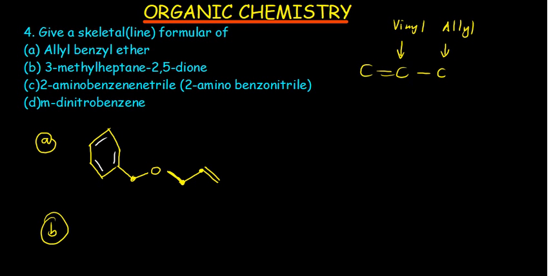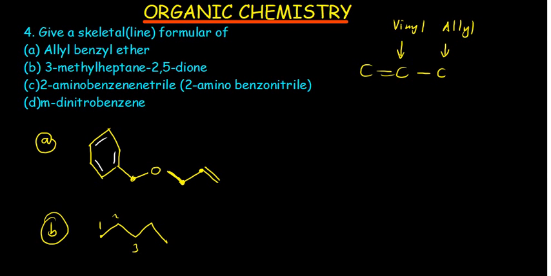And let's consider now 3-methylheptane-2,5-dione. So just from the heptane, we know that there are 5 carbons in this compound, so we can draw that position number 1, 2, 3, 4, 5. And then at position number 3, we have a methyl. So 1, 2, 3.